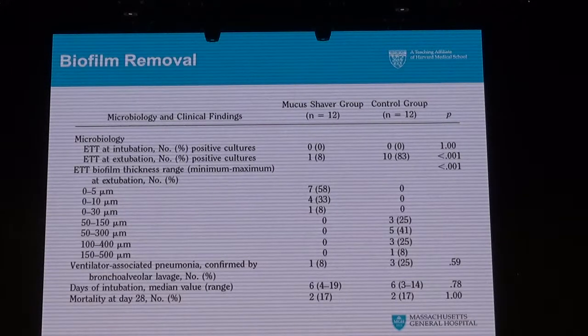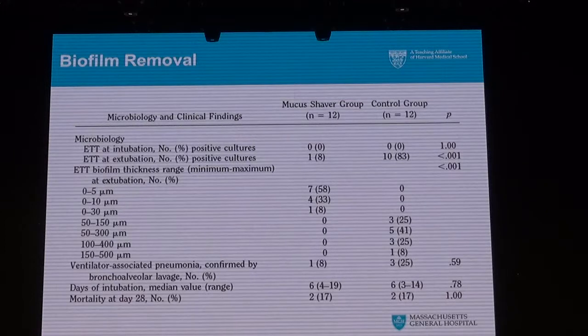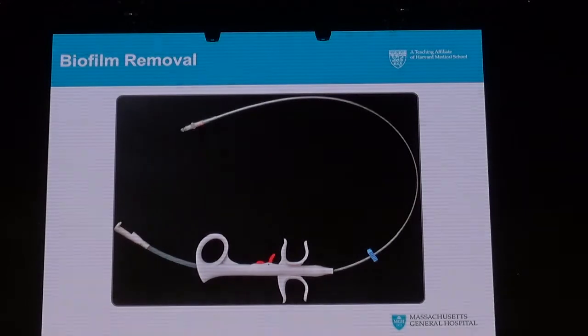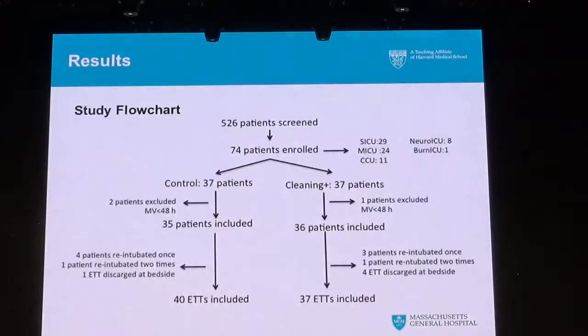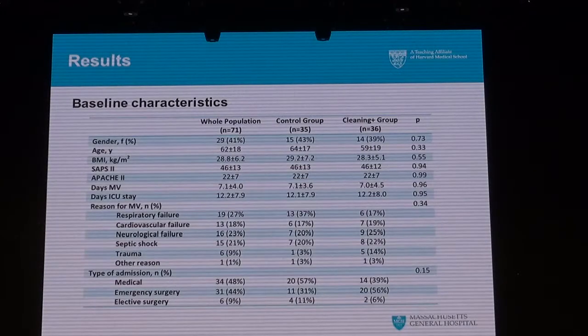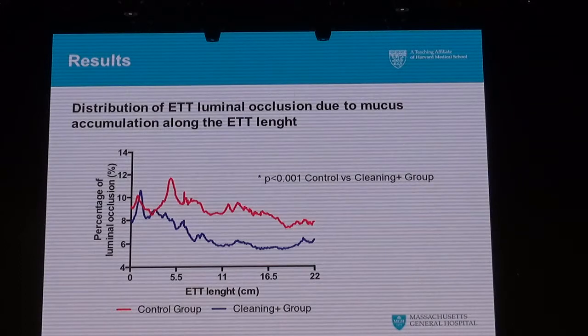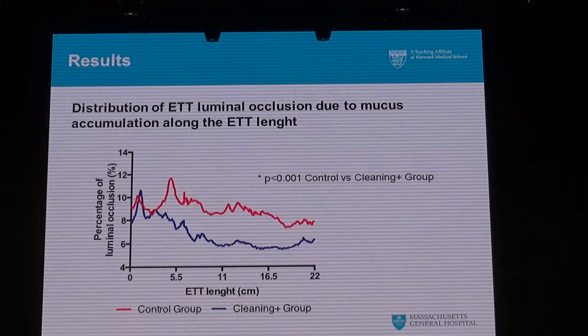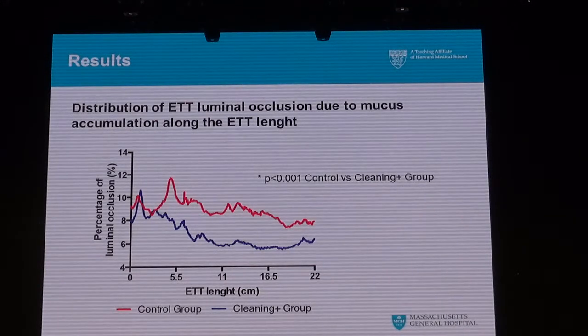But then, can you move on? Next slide. Okay. When we repeated the study in a larger population with this device that is now commercially available, we really weren't able to show much benefit. We showed benefits here in red. There is, again, the percentage of luminal occlusion in a standard group that was not using the device, versus the blue, where there was a decrease, but not as efficient as we hoped.